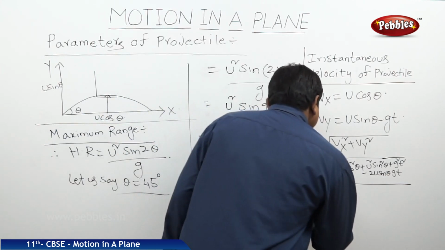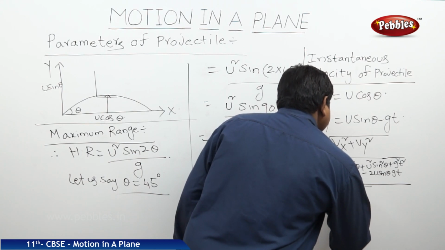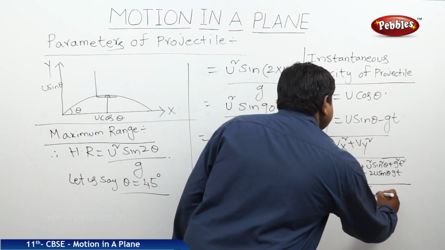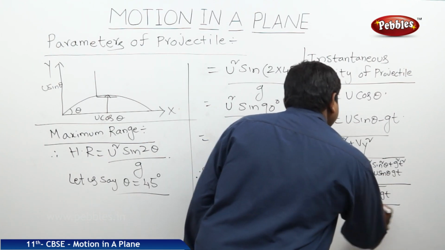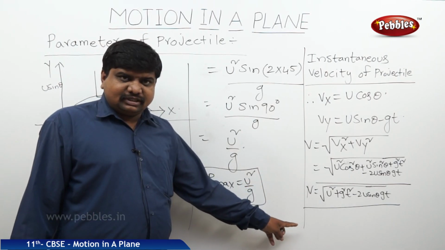So this will become V is equal to square root of u square plus g square t square minus 2u sin theta gt. This is the velocity of the projectile.